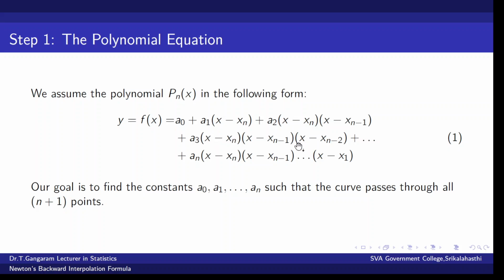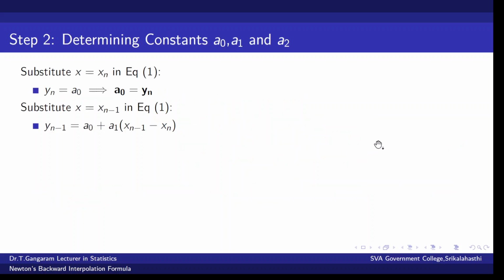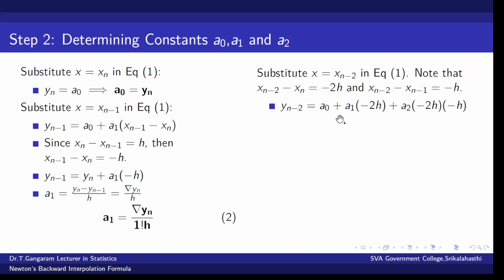From here onwards, a3 onwards became 0. So yn minus 2 is equal to a0 plus a1 into (xn minus 2 minus xn), that is minus 2h, plus a2 into (xn minus 2 minus xn) into (xn minus 2 minus xn minus 1). So this is minus 2h, this is minus h.